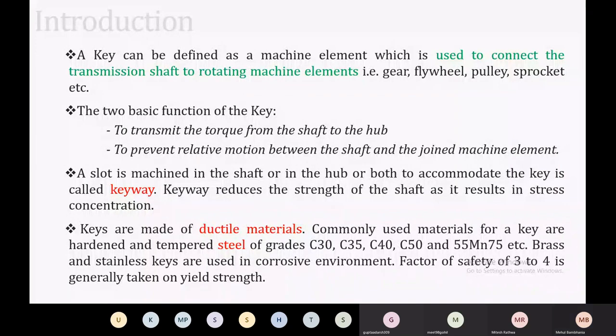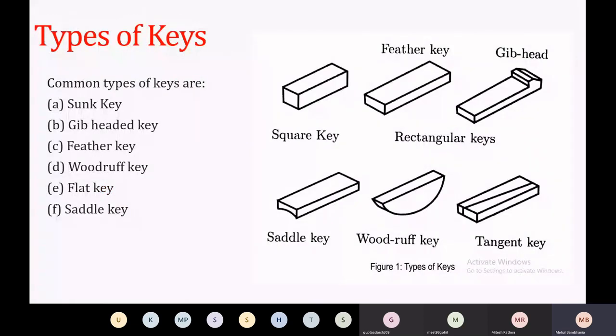Now before we start the design parameters, we need to understand different types of keys. See, there are several types of keys available. A few keys are highlighted over here, like we can list sunk key, gib headed key, feather key, flat or saddle key, or woodruff keys.